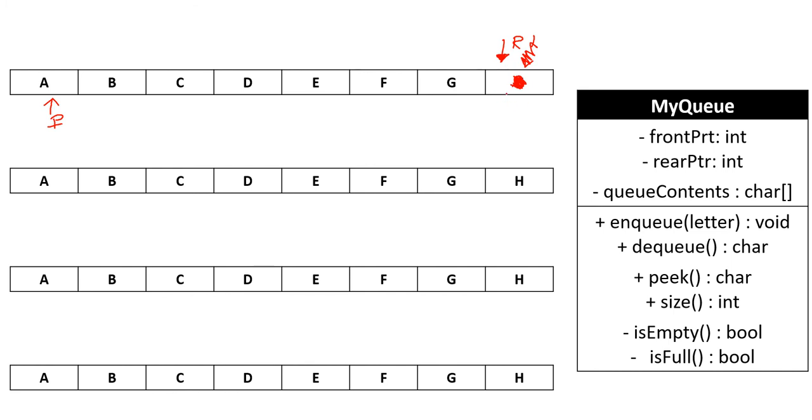And if we implemented it in such a way that we filled this space with H, let's say, the rear pointer would move, increment, but because we can't actually increment to there, it would wrap around and be here. And if we had a situation in which the rear pointer and the front pointer were pointing in the same place, that's empty.